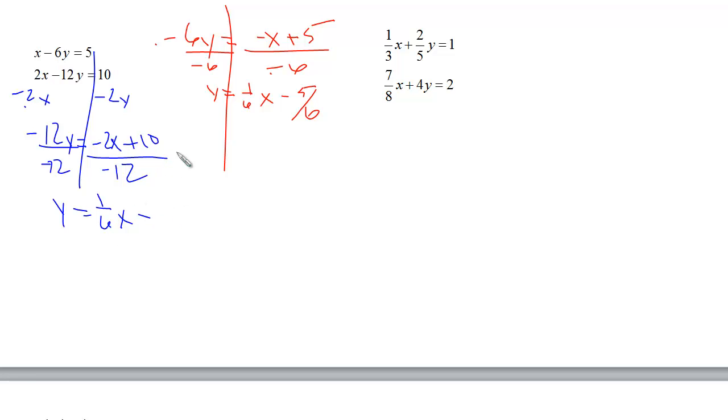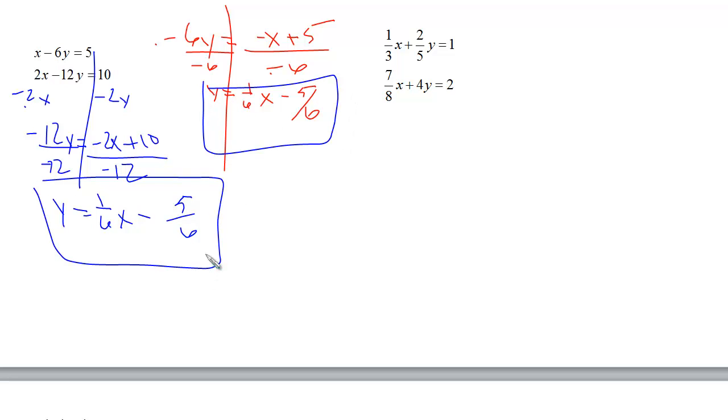Plus 10 over -12, 5/6. You'll see in this case we end up with infinite solutions again. And I came to that because I ended up with an equation that resulted in any value of y making the statement true. So that led me to believe that these were coinciding, meaning an infinite number of solutions.